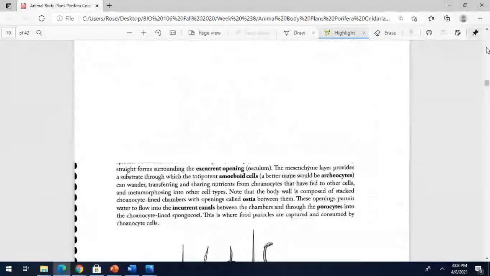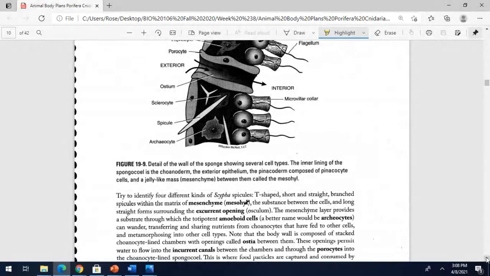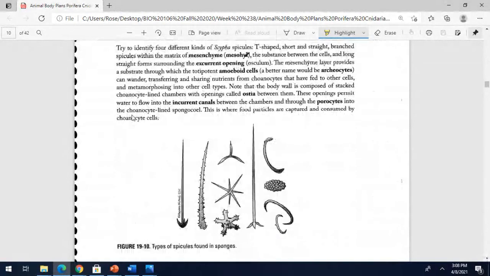I skipped ahead. So here are examples of what spicules look like, and the type of spicules will determine the type of sponge. Sycon and Grantia are interchangeable names for those sponges.